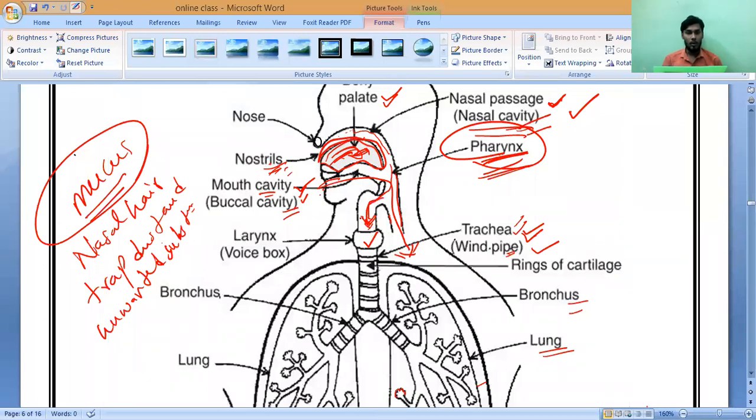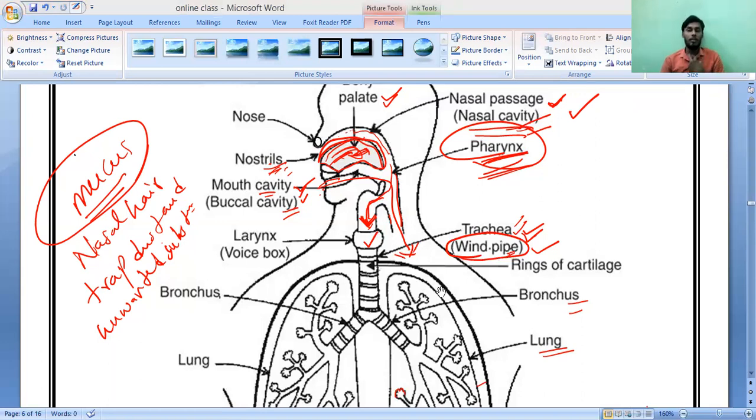Filtered air is entering the lungs through the trachea. The common name of trachea is what? Windpipe. Air coming from the nostrils during breathing passes through this trachea only.